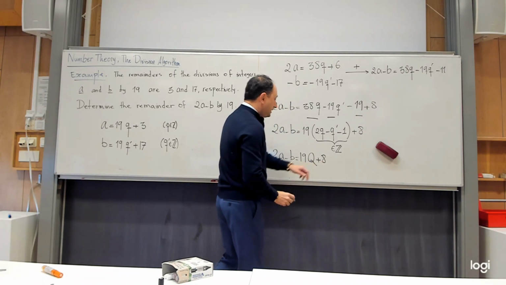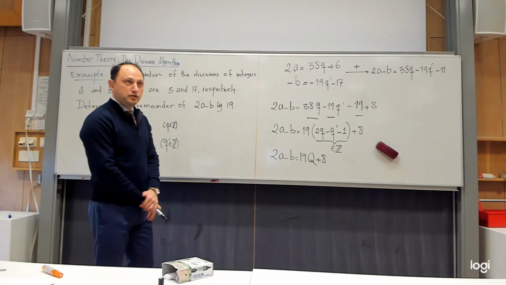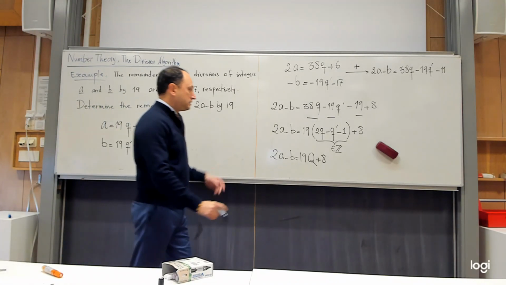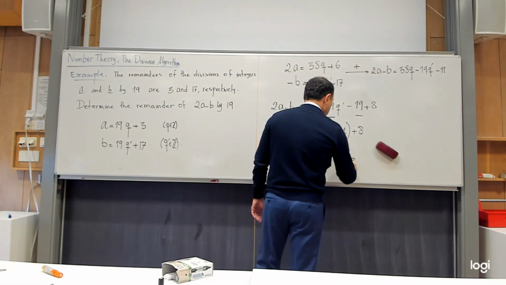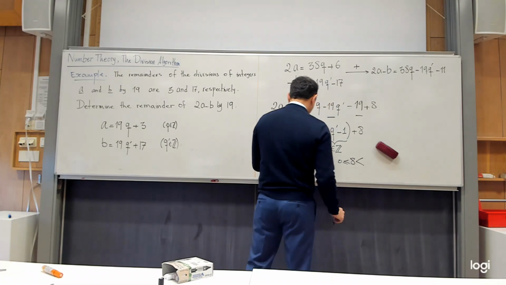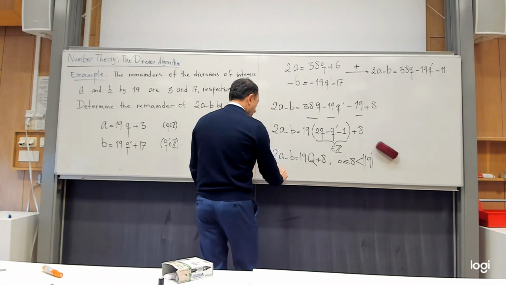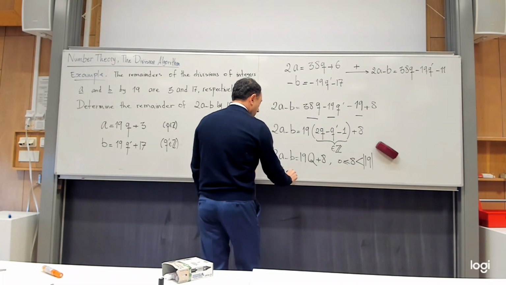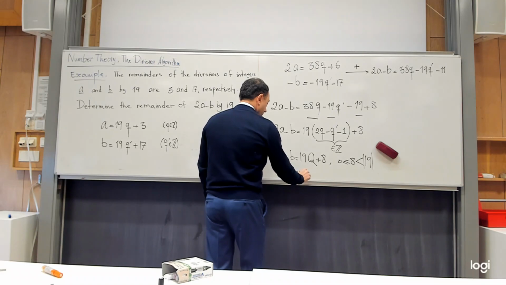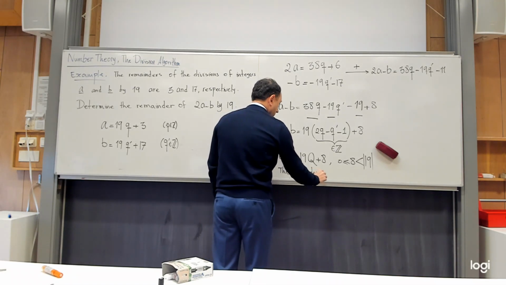But do you think 8 is an acceptable remainder in division by 19? Yes, because 8 is greater than or equal to 0 and it is less than the absolute value of 19. So this means that the remainder that I am looking for is 8.